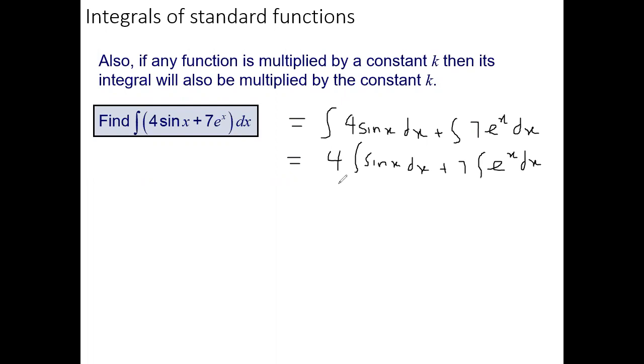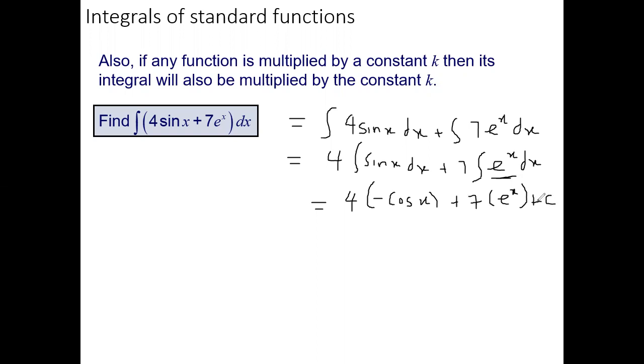Okay, good. So when we integrate sine, what did we say we get? We're going to get negative cos. When we integrate sine, we get negative cos x. Then plus 7, when we integrate e raised to the power x, you still get e raised to the power x, plus c.